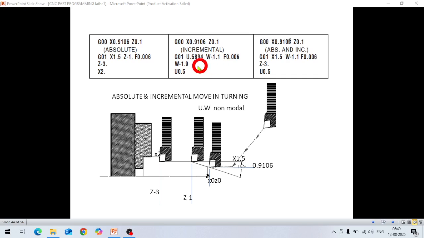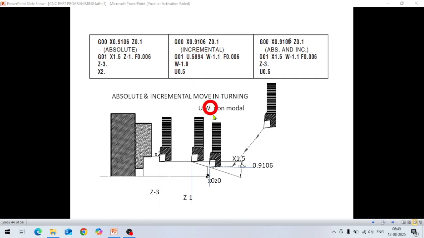So if you see here, U means it is incremental in the x-axis, 0.5894. How does it come here? If you subtract from this diameter 1.5 the 0.9106, then this will be 0.5894.